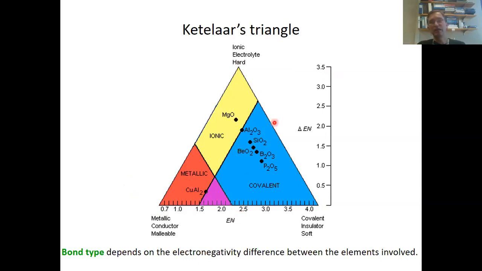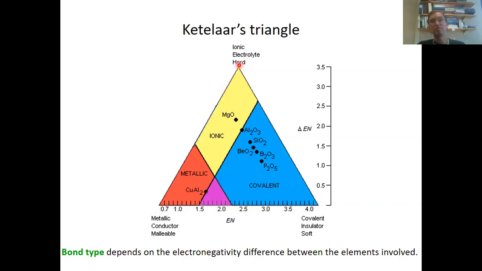But the electronegativity difference is maximized. So this represents this point here. And if you now connect all these 3 points, that gives a triangle. All possible compounds must lie within that triangle.